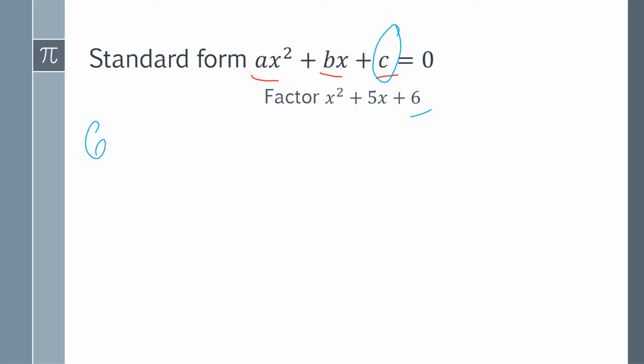Now, let's get to the B term here, which is 5. All right. Now, this is what I'm asking you to do. I'm asking you to tell me what factors of 6 multiply together to give you 6, of course, but those same two factors, when you add them together, give you 5.